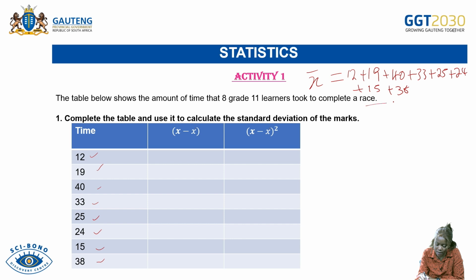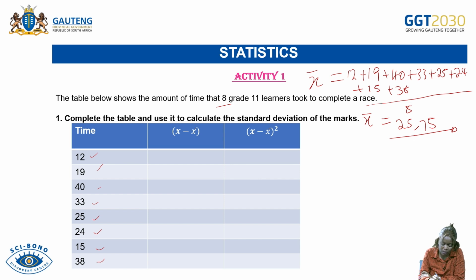I divided by the total number, which is 8, right? So my x bar will be given as 25,75. Done.